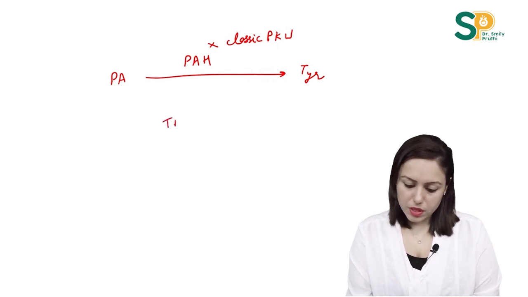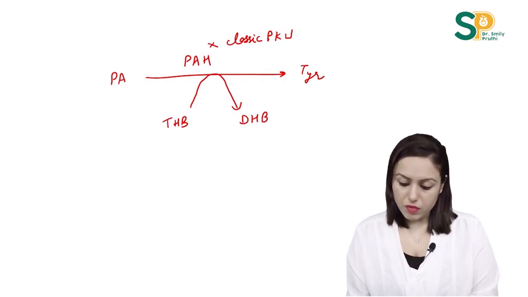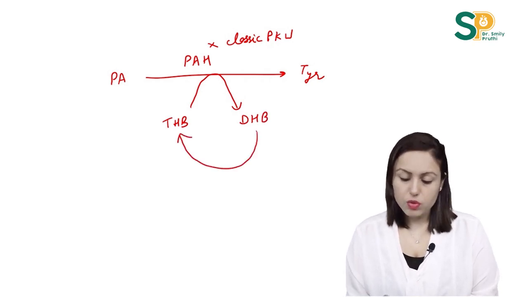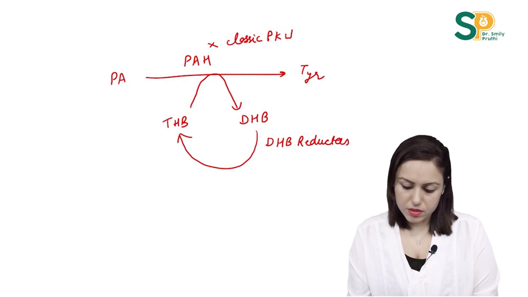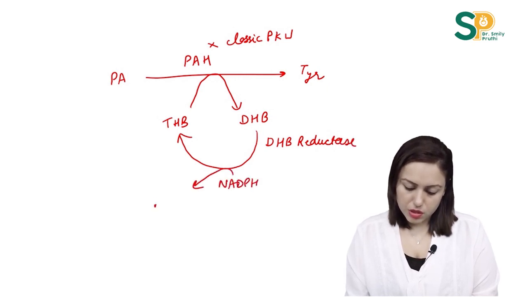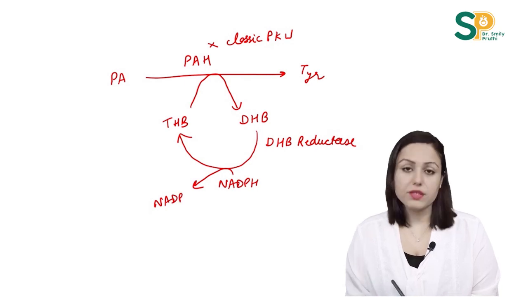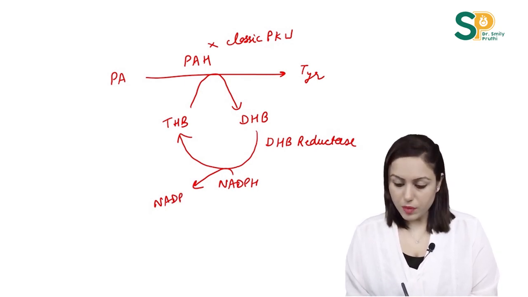So, tetrahydrobiopterin gets converted to dihydrobiopterin. Then we again need to do the reduction here. So, the enzyme is dihydrobiopterin reductase. This enzyme uses NADPH. So, NADPH gets converted to NADP, right?